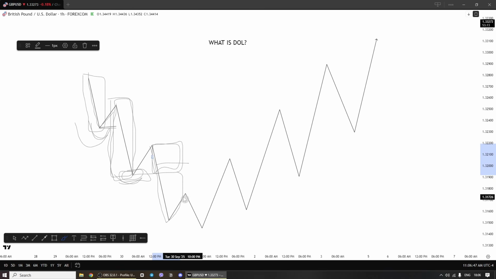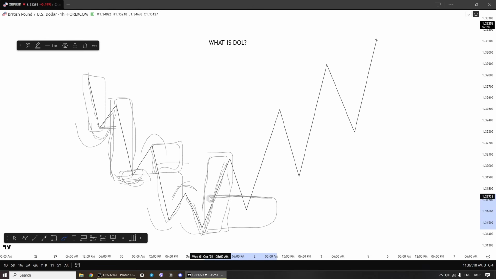But this is a sequence. Once you move from external, you will come to internal, and that is how it moves. And once you flip the high that took the low, aka change the order flow, then you simply look for internal range liquidity, key levels, to sponsor your move to go from internal to external liquidity.